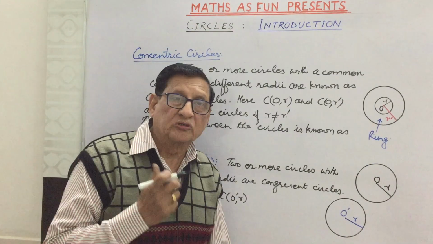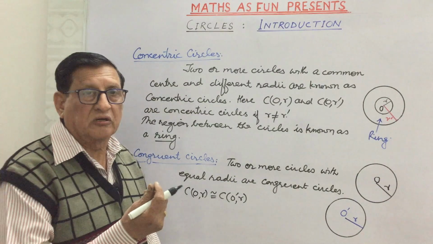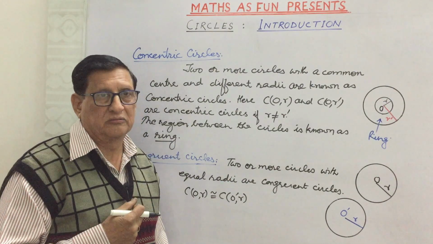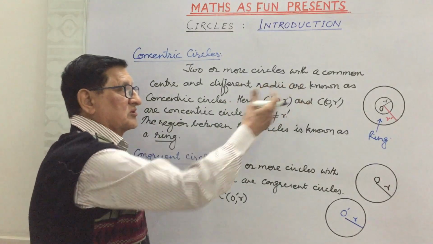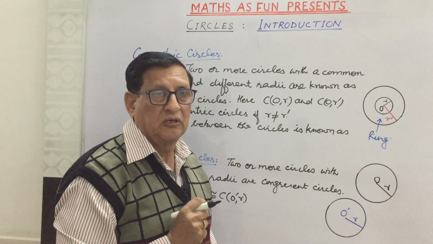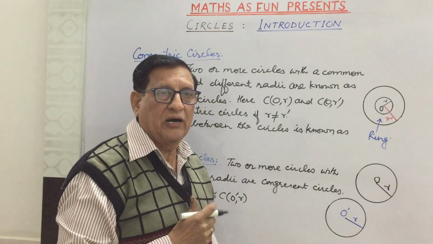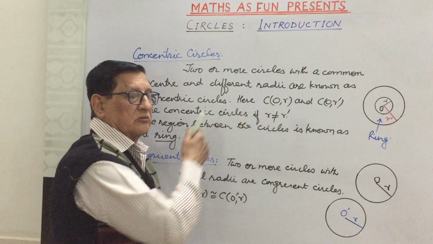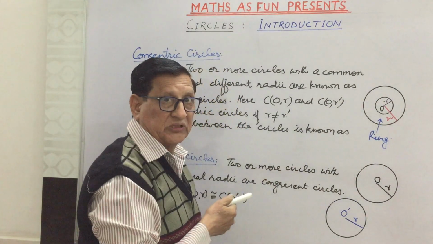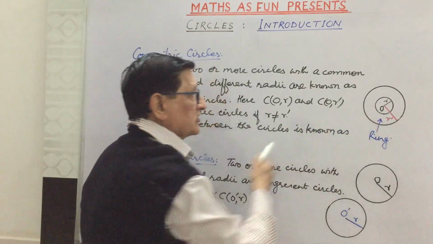Now we learn about the concentric circles. Concentric, the name itself tells, same center. So if we have 2 or more circles such that the center is common but the radii are different, they are known as concentric circles. Like here you see 2 circles with center O, but their radii are R and R dash.